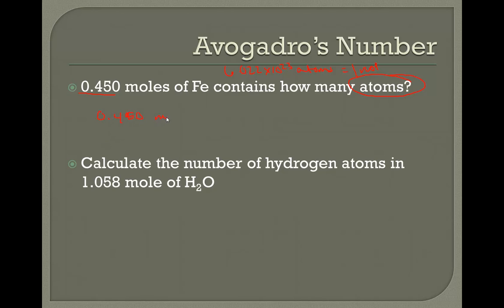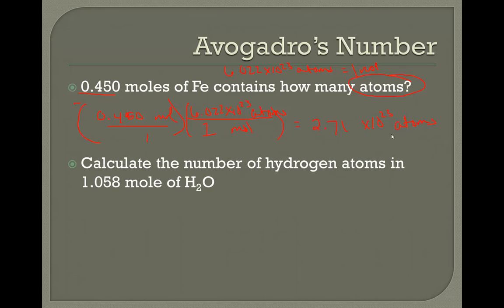We have moles on top, so I want to put moles on the bottom of the next one. That is equal to 1 mole. Multiply that across. Comes out to be 2.71 times 10 to the 23rd atoms.